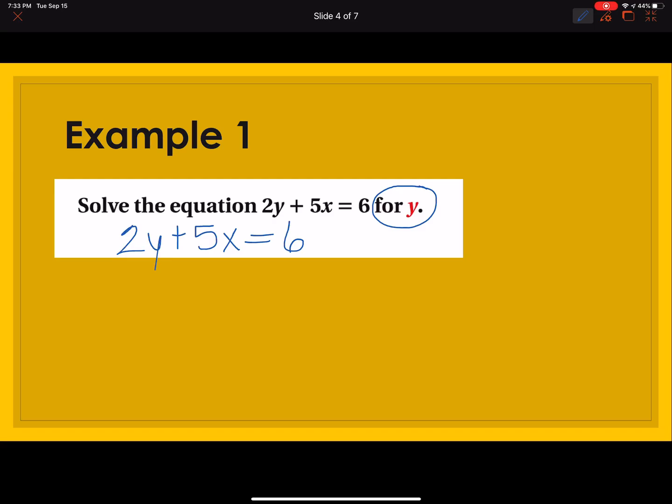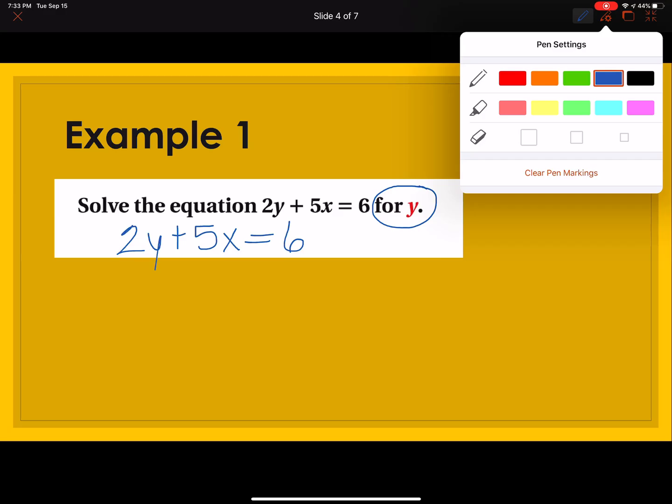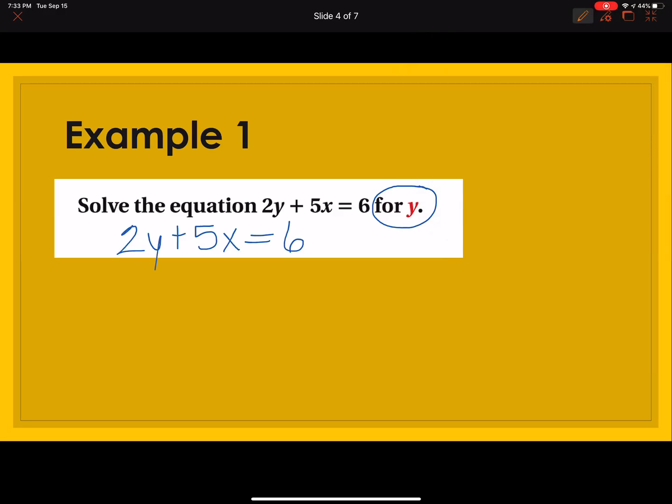So we want to focus on moving everything except the y. So I want to get rid of this term 5x. I'm going to pair it up with its negative or opposite, or basically I can say I'm subtracting 5x. Whatever I do to one side, I must do to the other.